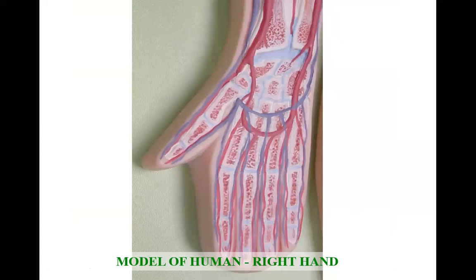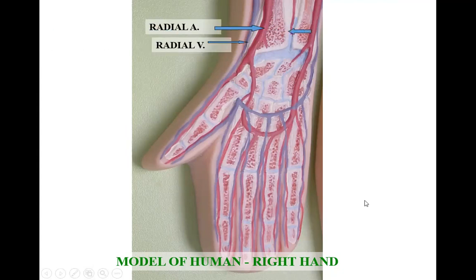Now, the hand is very easy to track. The radial artery runs up right behind the thumb, and the ulnar artery is lined up with the little finger. And there's the radial artery, and right above that is the radial vein. There's the ulnar artery and the ulnar vein right there.